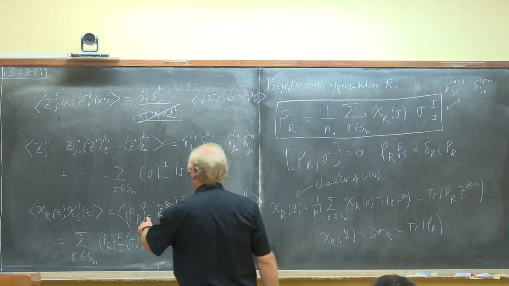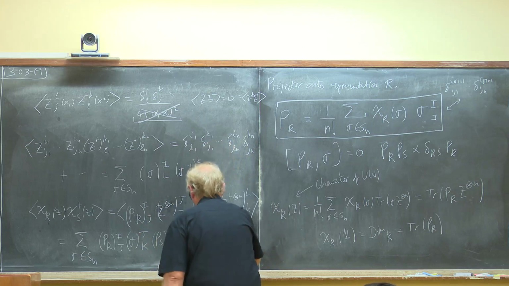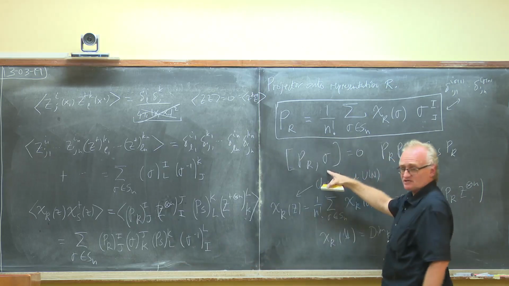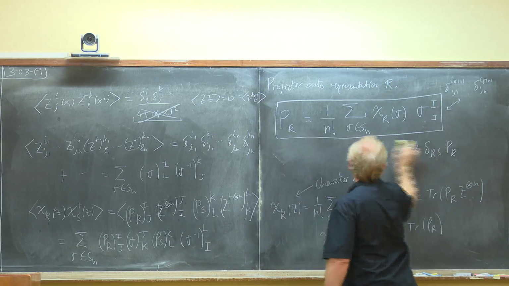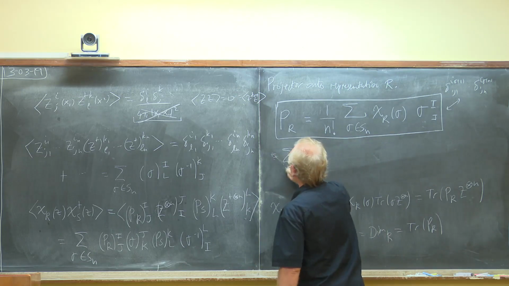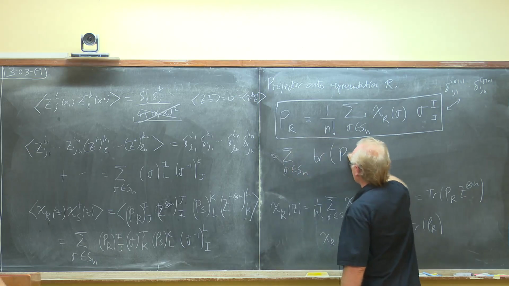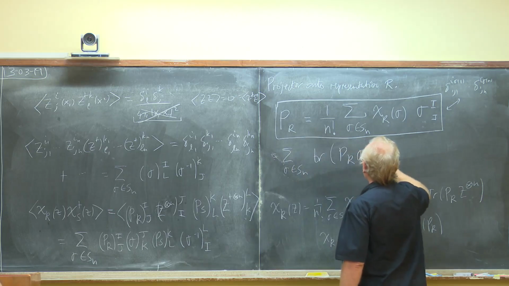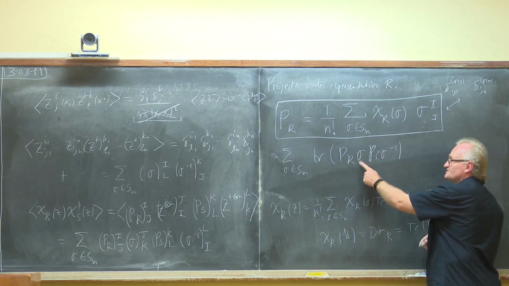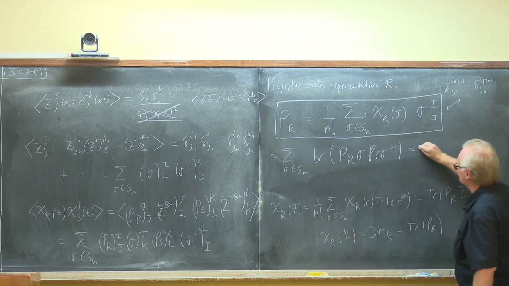So JK, IL. P commutes with sigma, so let's remember that. So this is a sum over sigma, an element of Sn, of the trace of P_R, sigma, P_S, sigma inverse. Sigma commutes with P_S, I can take it through. Sigma times sigma inverse is just the identity. The sum over the group will just give me n factorial.